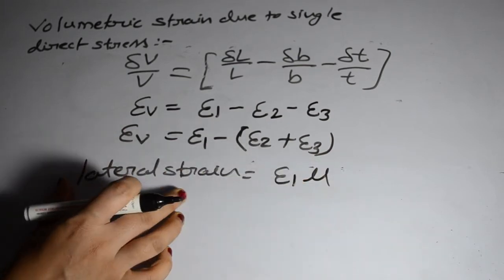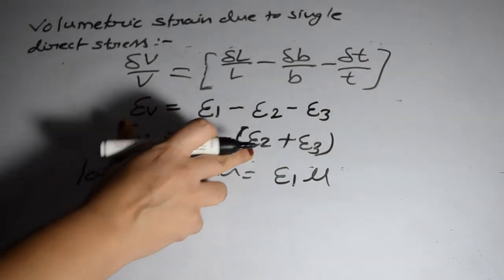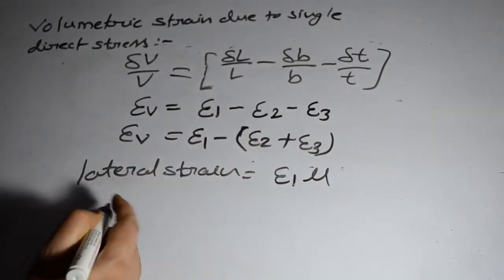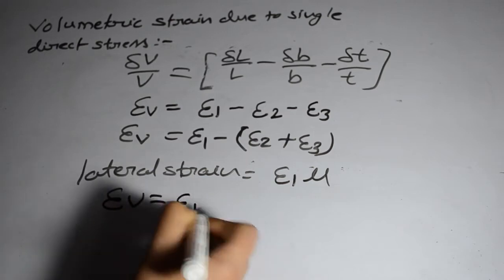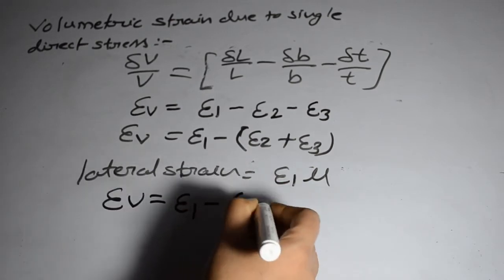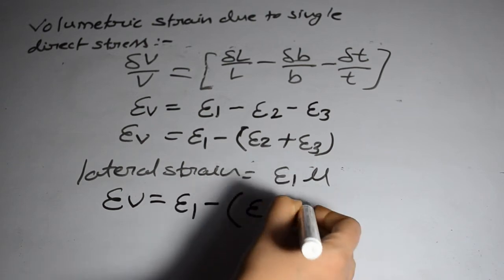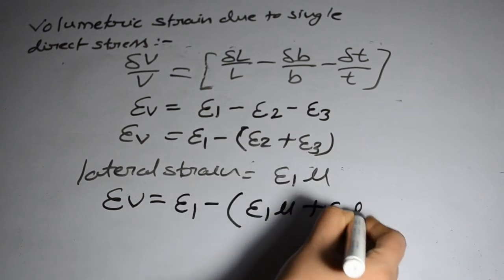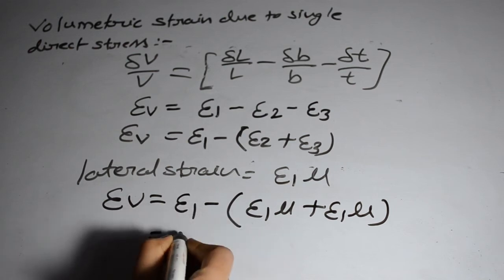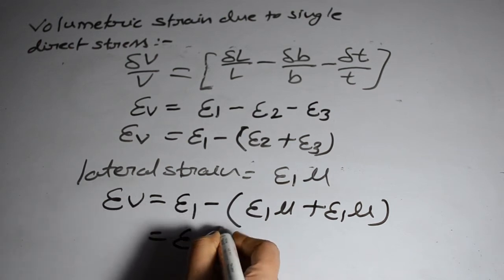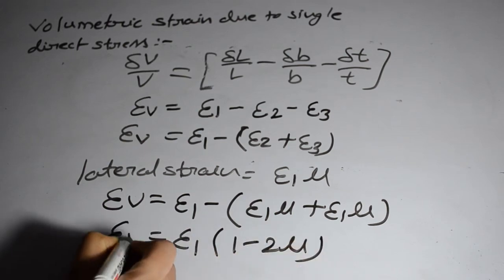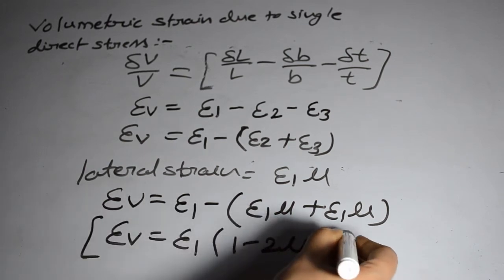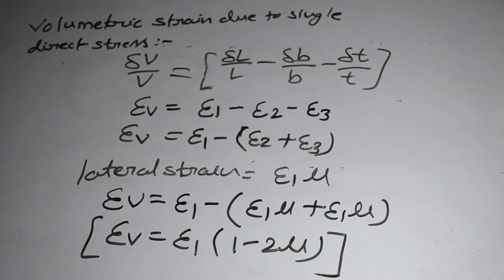So we can write here eta V equal to eta 1, the longitudinal strain, minus eta 1 mu plus eta 1 mu. If we take eta 1 as common, this will be 1 minus 2 mu. So this is the equation for volumetric strain for a rectangular bar.